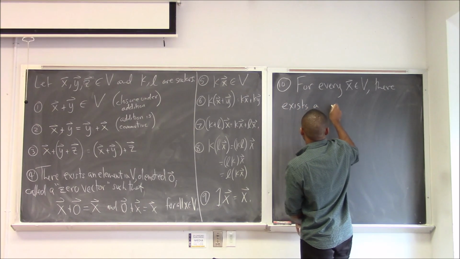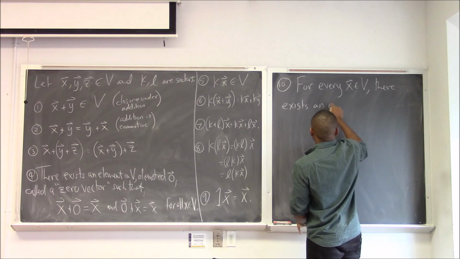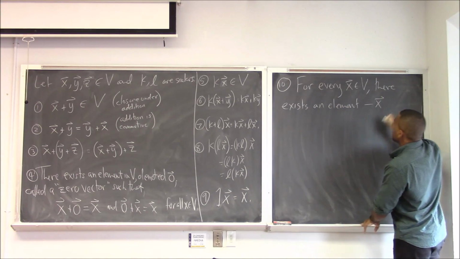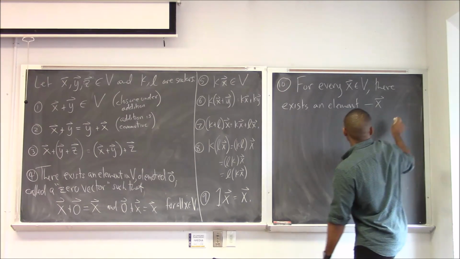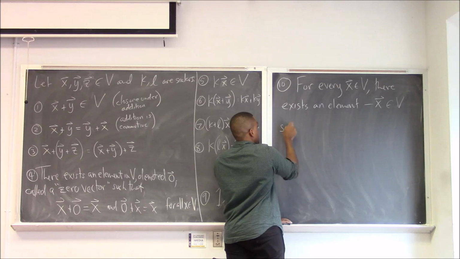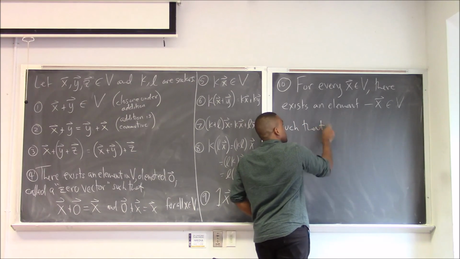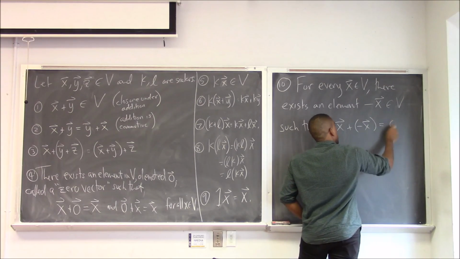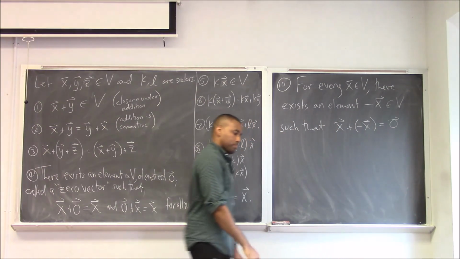There exists an element minus x in V such that if I take x and I add it to minus x, the result is the additive identity.